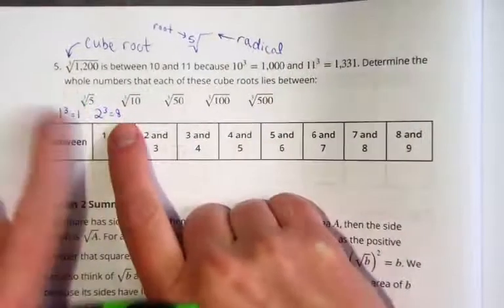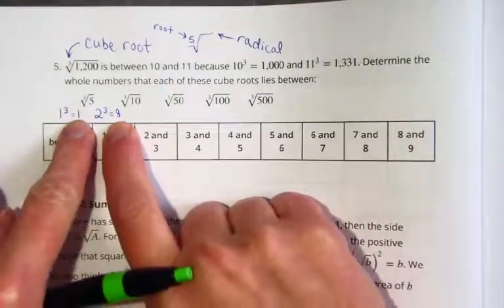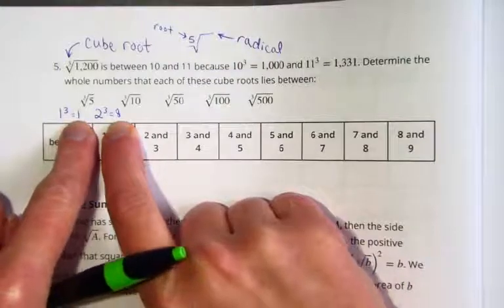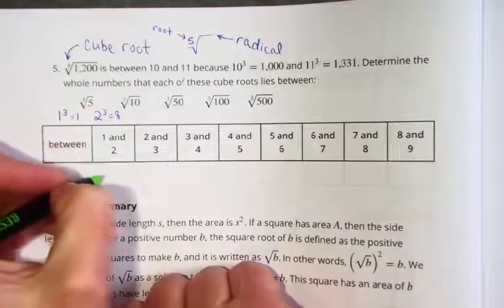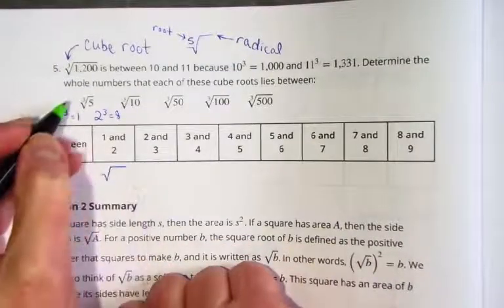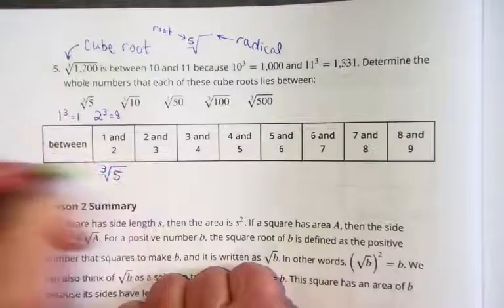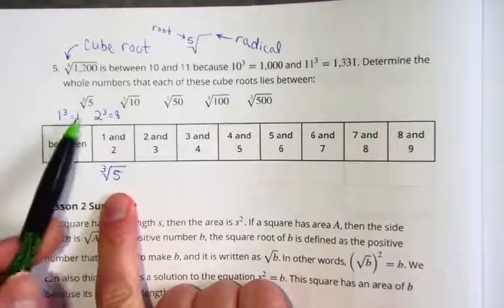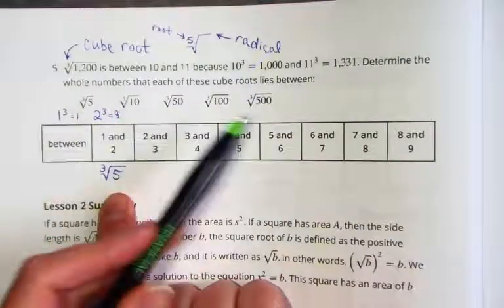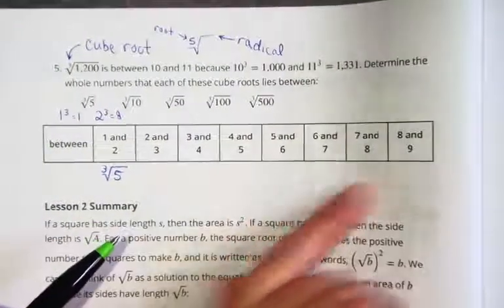Now 5 is somewhere between 1 and 8. So the 3rd root of 5 is somewhere between 1 and 2. This is asking us just to put these into categories of where they fit and what numbers they are between.